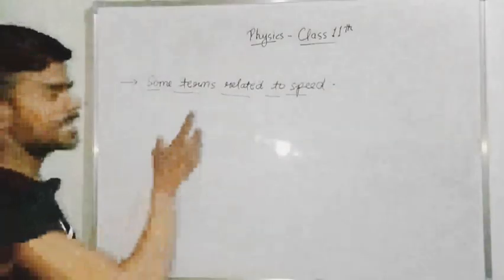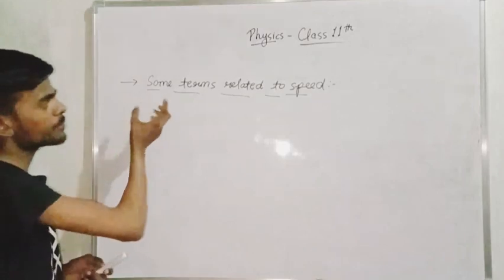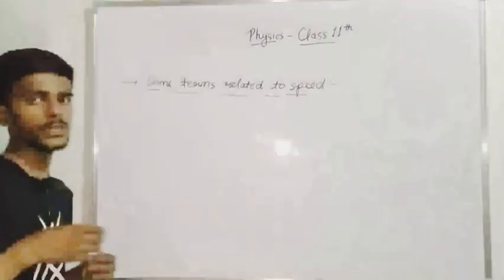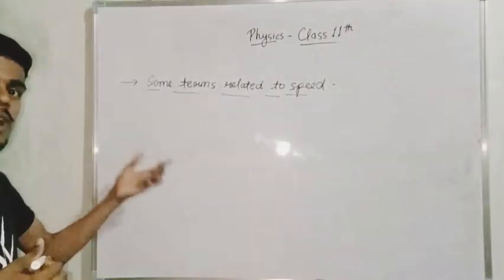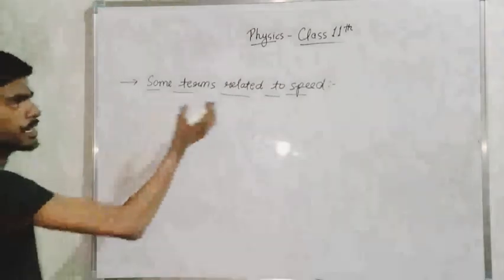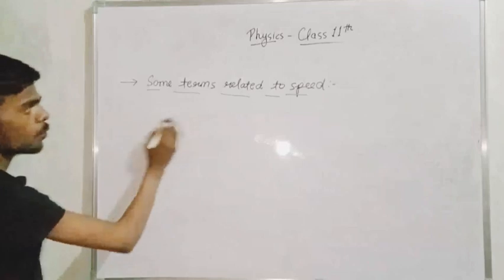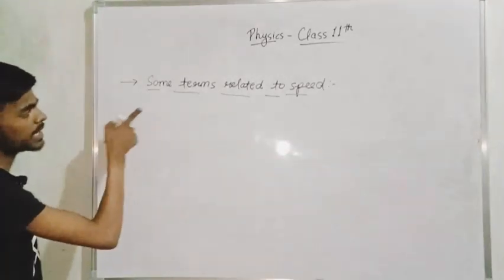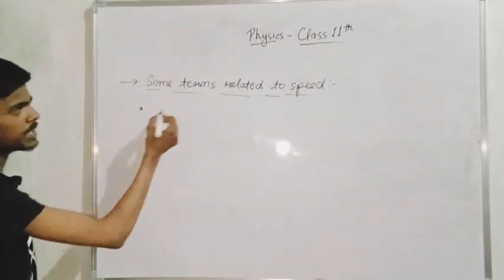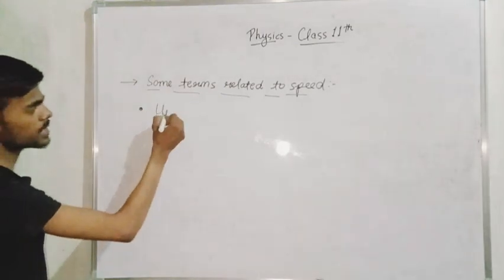Now our next heading is that we have to know about some terms which are related to speed, as well as we will also define some terms related to velocity. First, our heading is related to speed. So what are the terms that are related to speed? You should know that various terms are related.